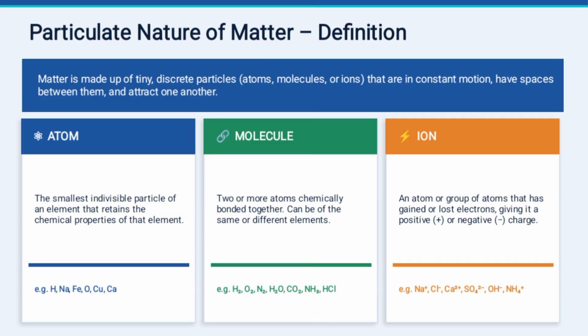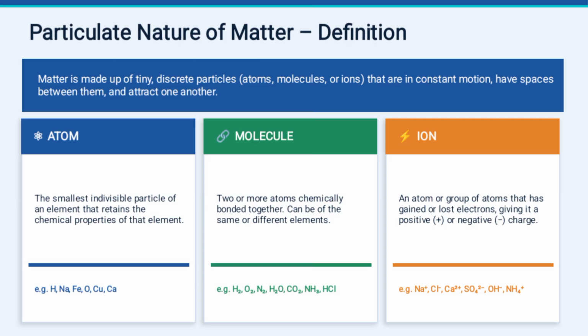But in modern times, an atom is defined as the smallest particle of an element which takes part in a chemical reaction. Of course, they retain the chemical properties of the element. Examples are H atom, sodium, iron, oxygen, copper, calcium atoms. They are usually singular.